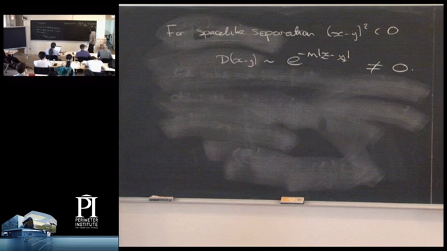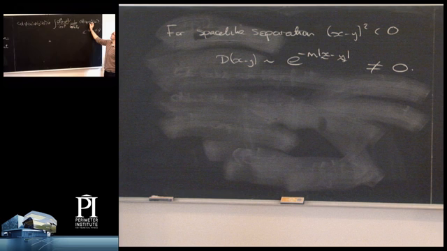Okay, so how do we compute this? It's very easy. You commute the a and the a dagger past each other. You pick up a delta function between the two p's for your trouble. That then annihilates.